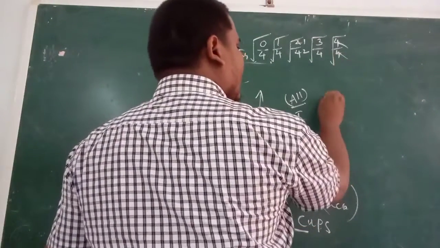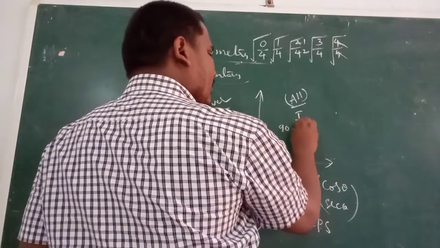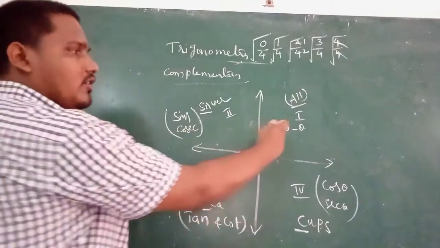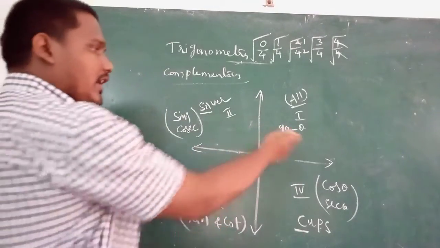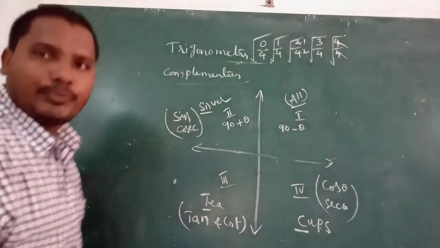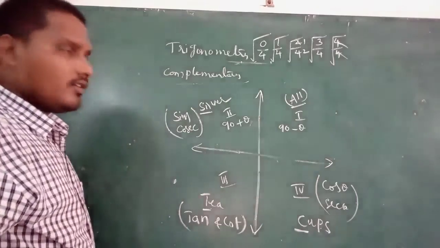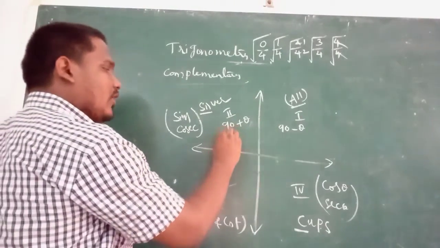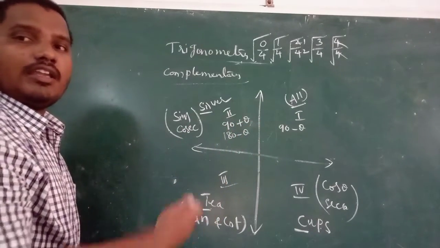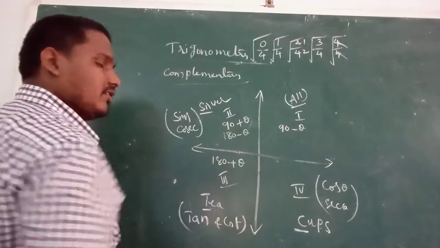Here we are taking 90 minus theta. Below 90 you are getting quadrant 1, and above 90 you are getting quadrant 2. Similarly 180: below 180 you are getting the second quadrant, above 180 you are getting the third quadrant.